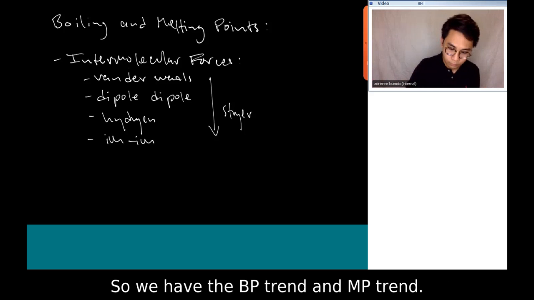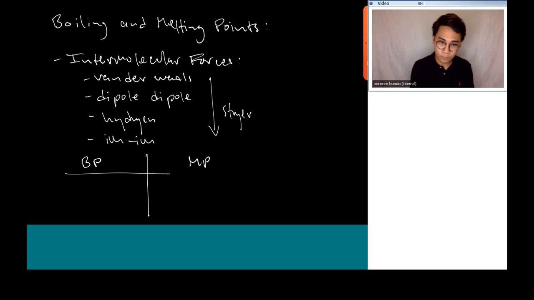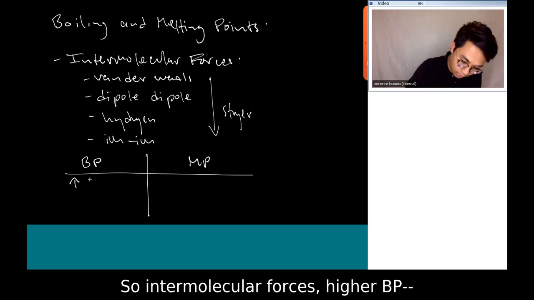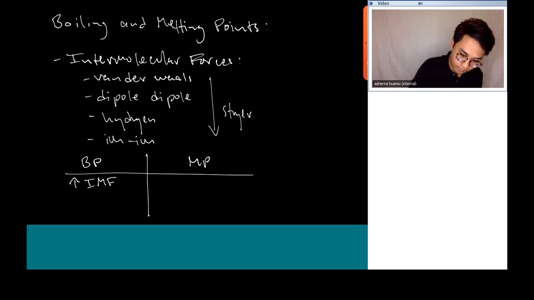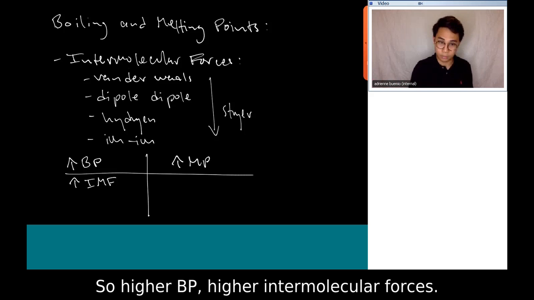So we have the BP trend and MP trend. No, I think it's the same. Okay, so boiling point, again, stronger intermolecular forces. So higher intermolecular forces, higher BP, right? So higher BP, higher intermolecular forces.